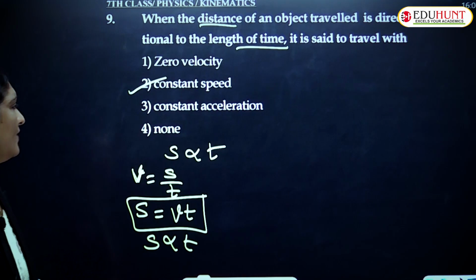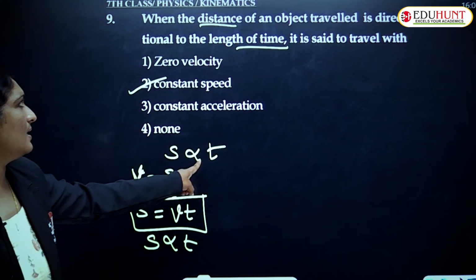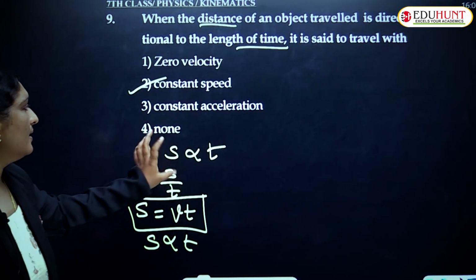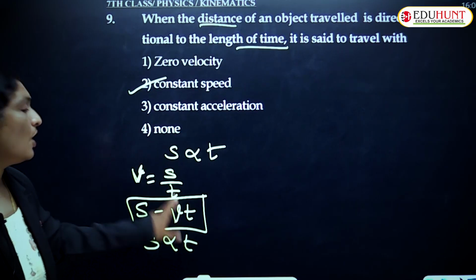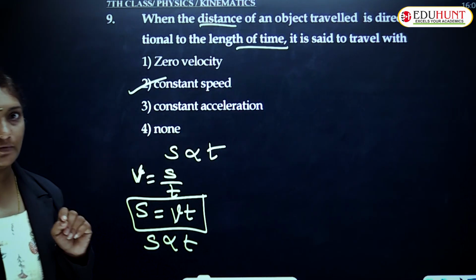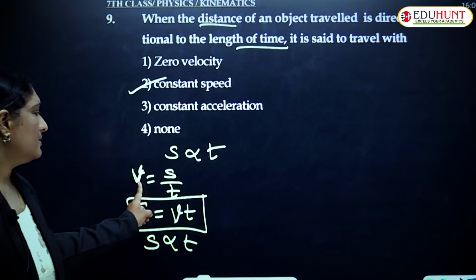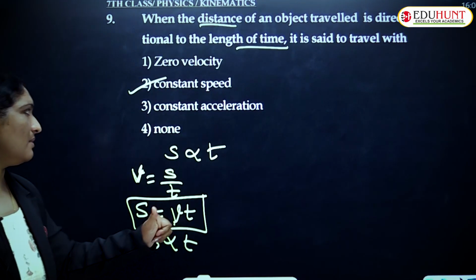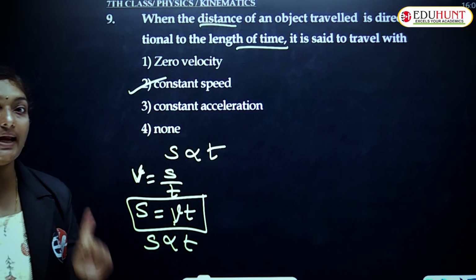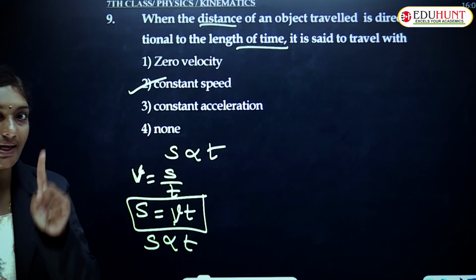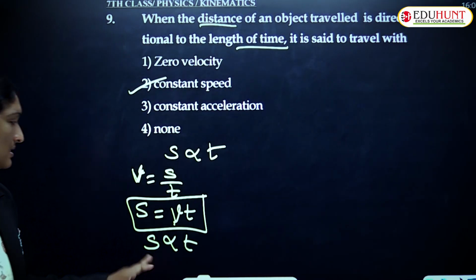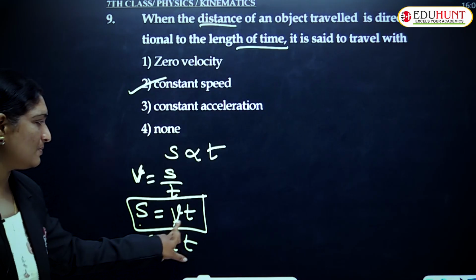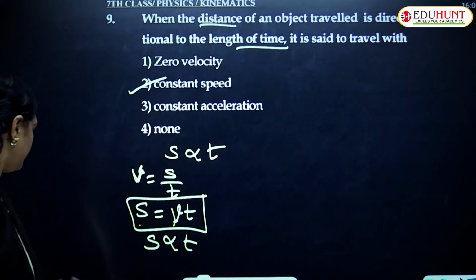When the distance traveled by an object is directly proportional to time, we say that it is moving with constant speed. Here V indicates speed, don't confuse. S means distance, V means speed, T means time.